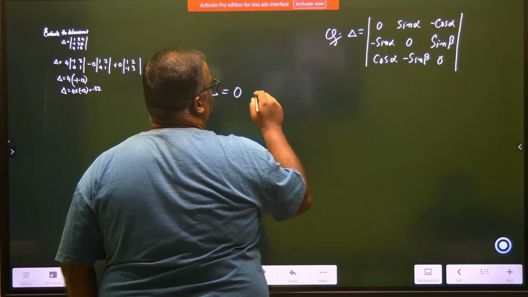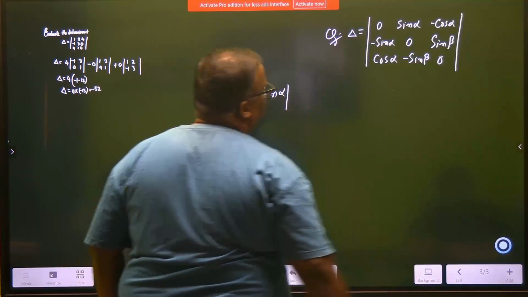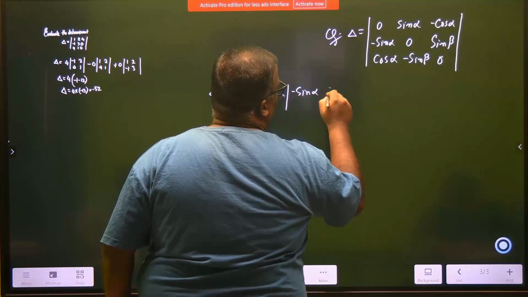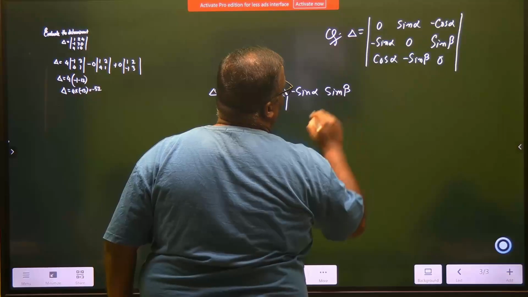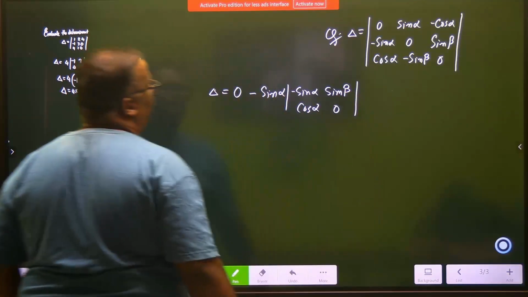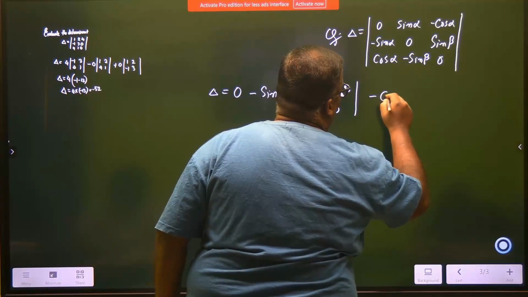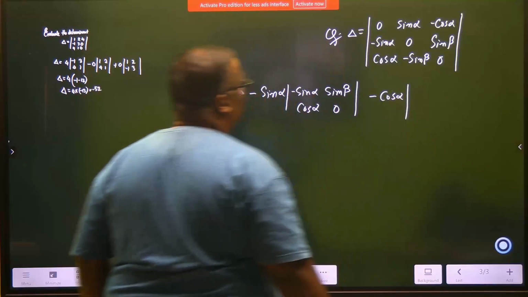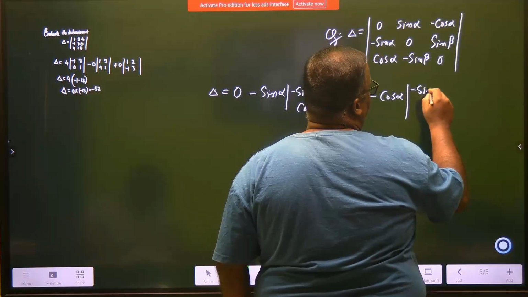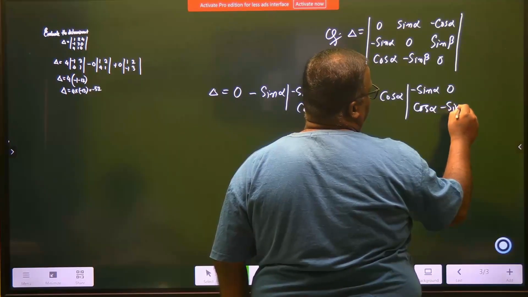And then I have a negative sine alpha, and negative sine alpha will give me negative sine alpha, sine beta, cos alpha 0. And then positive and negative, so it will be negative cos alpha, minus sine alpha 0, cos alpha minus sine beta.